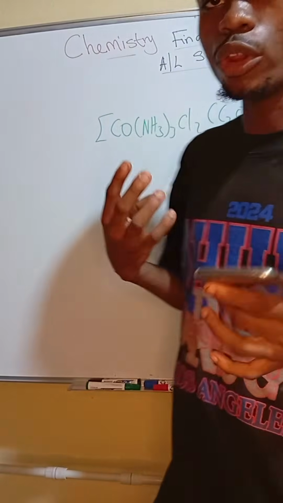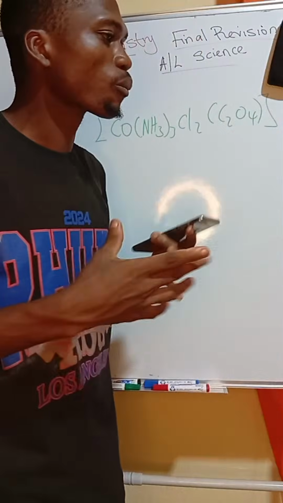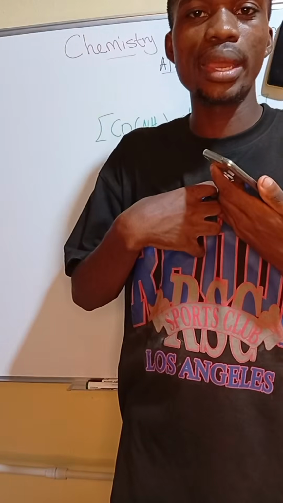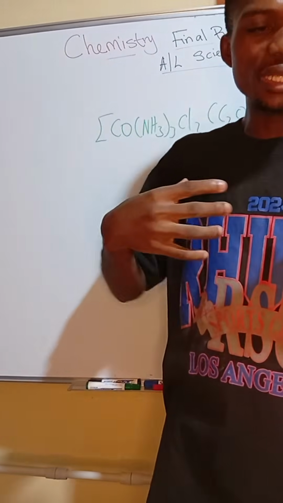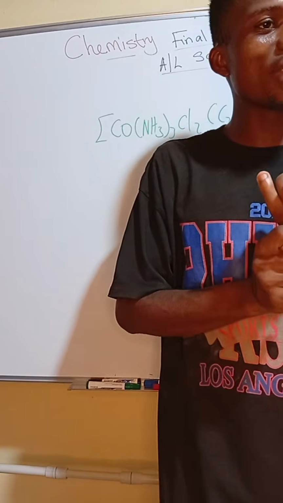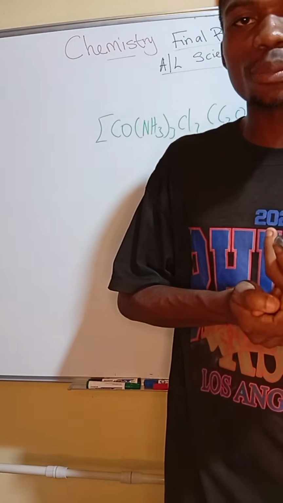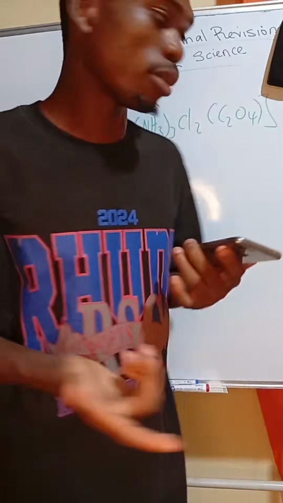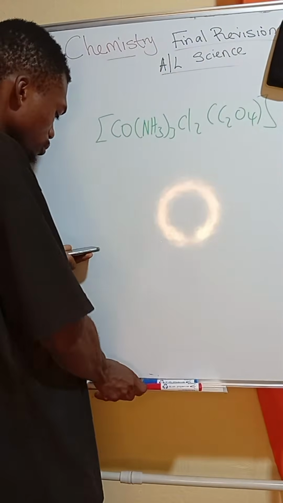So we want to look at the number of donor atoms that are available that the center metal atom can receive. If you do not know how to define ligands, you cannot define coordination number, and you cannot find the coordination number. Some years they will start by asking you what is a ligand.